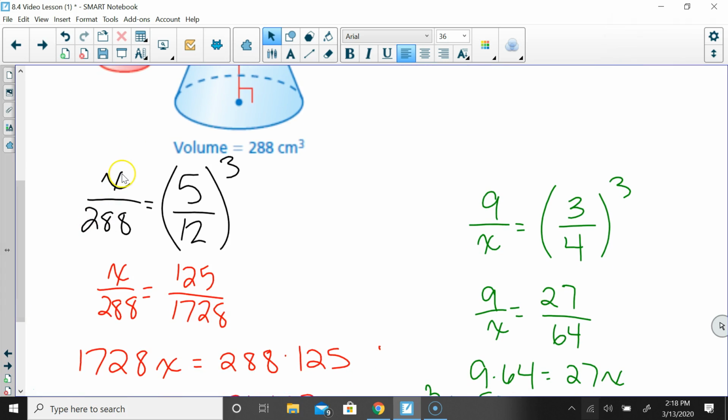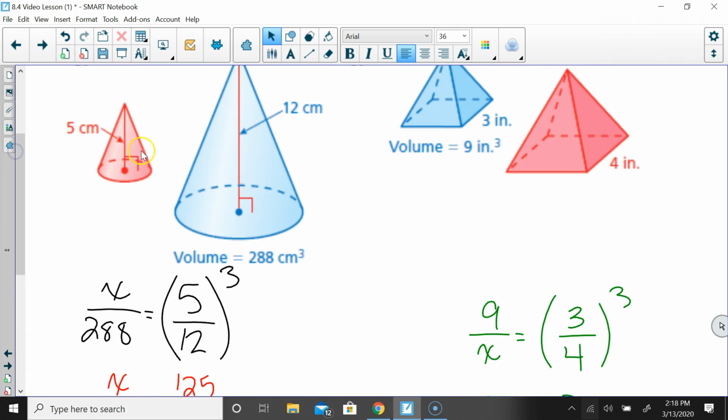So you have to find the volume of the red solid. So I put x there, and then I put it over 288, because that's the volume of the blue one, equals, and then let's look at the dimensions. The dimensions in the red one are 5 and 12 in the blue one. Now, the only difference from surface area is that you cube it.